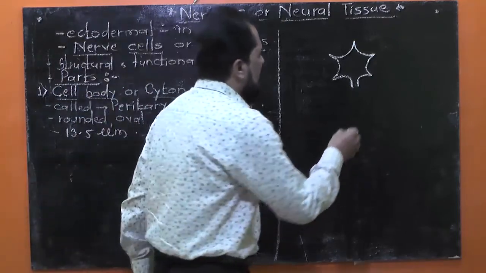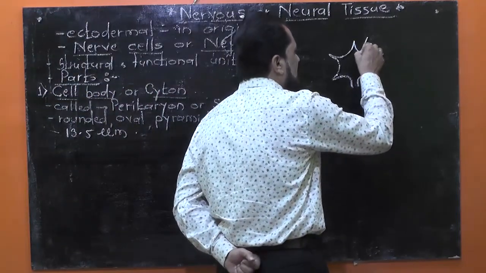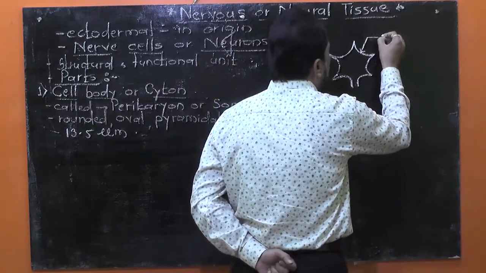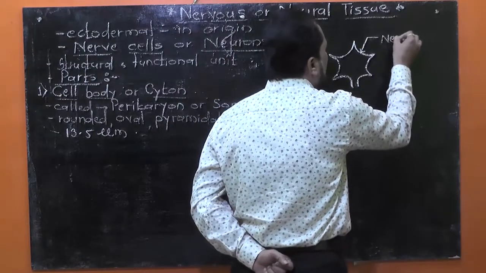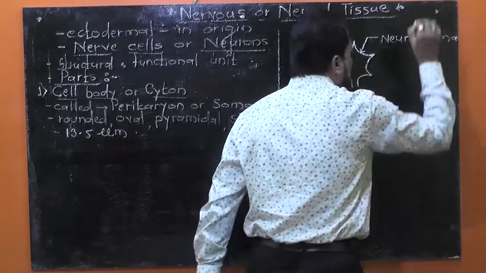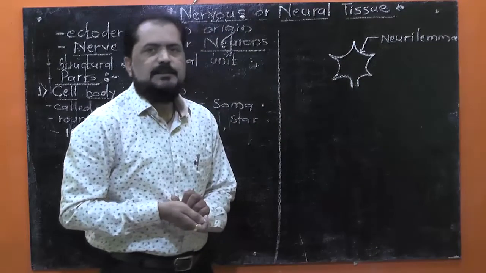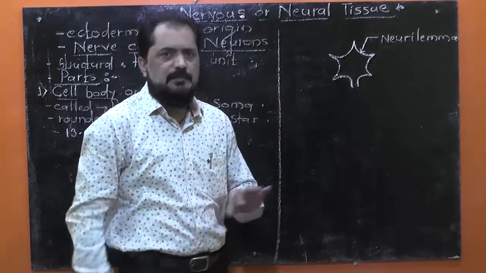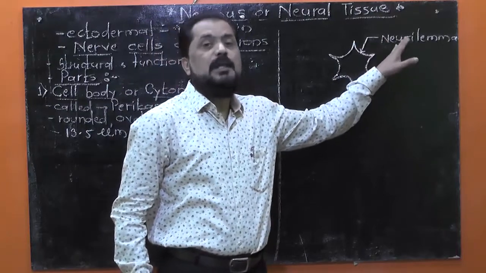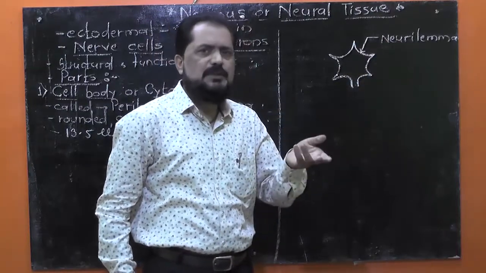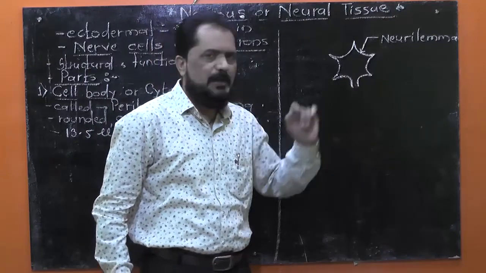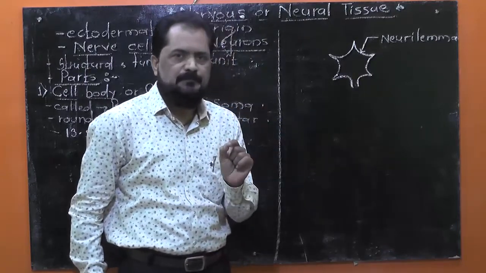The cell membrane or plasma membrane of the cyton, of the cell body, is known as neurolemma. Here neuri stands for the neuron, nerve cell, and lemma stands for the covering.